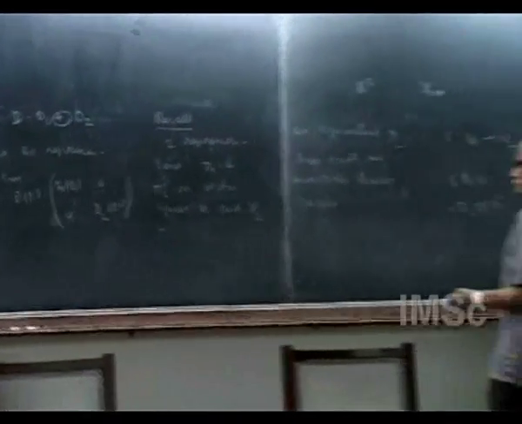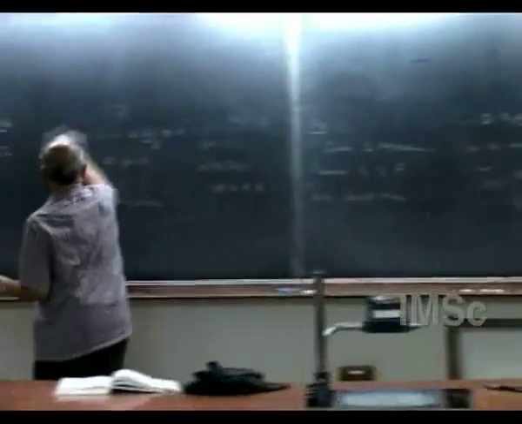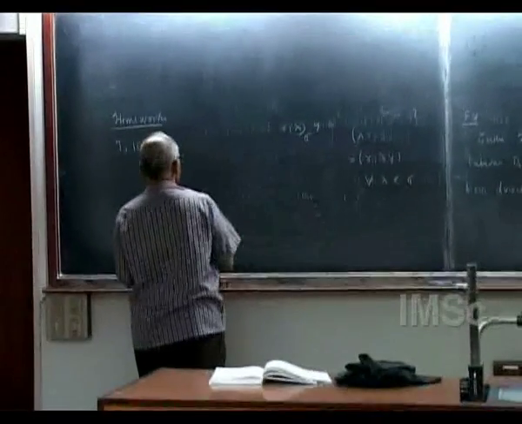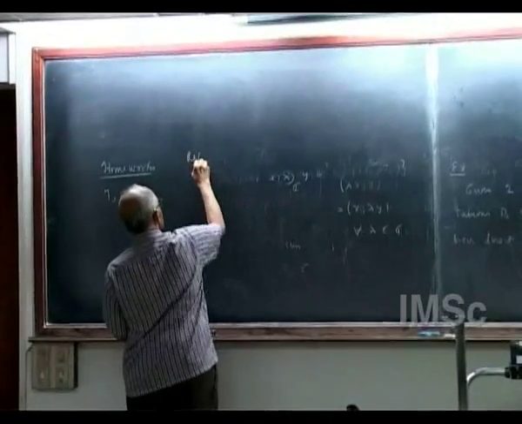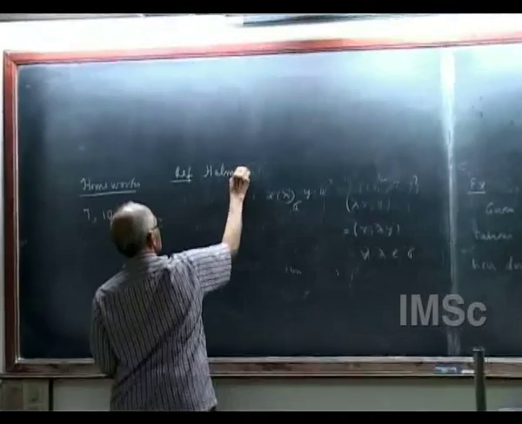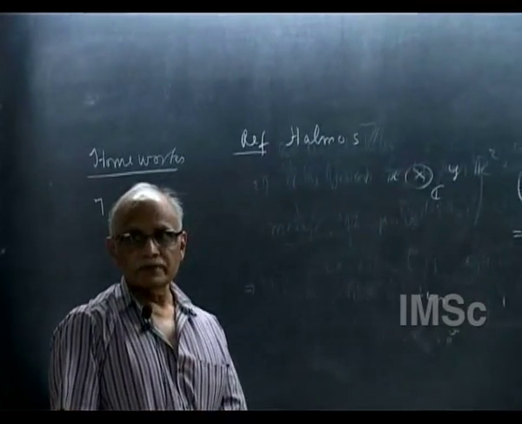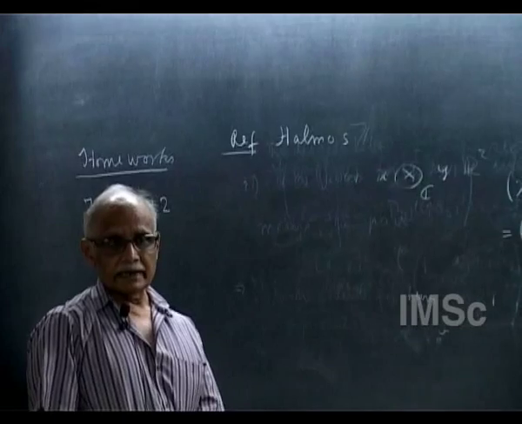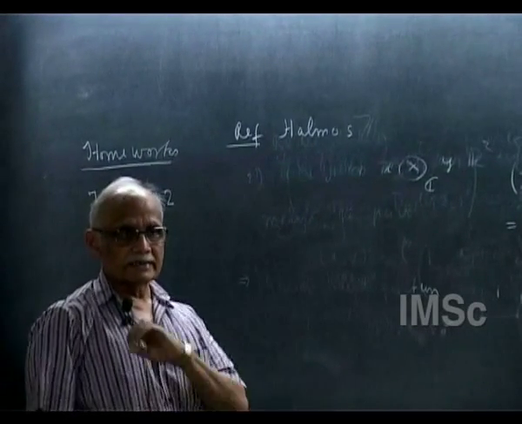So, how will I define it? For today the last item, a very good reference is Halmos. For finite dimensional vector spaces, there is a book by Halmos called Finite Dimensional Vector Spaces. It's a really fantastic book.